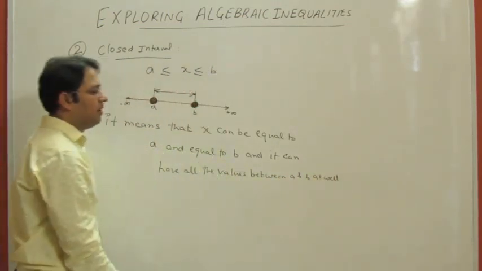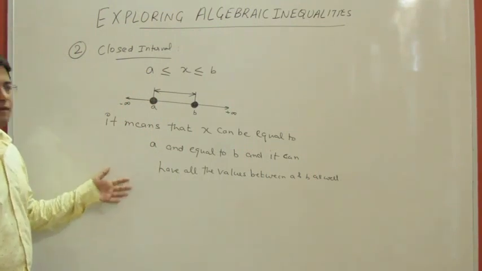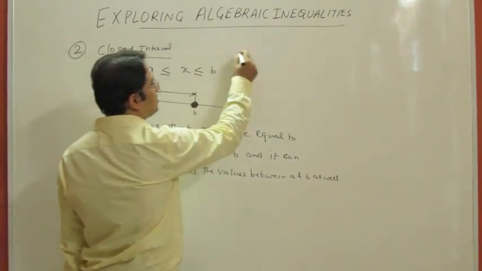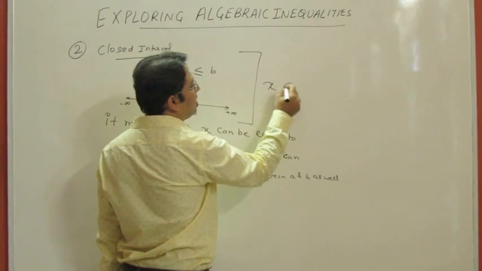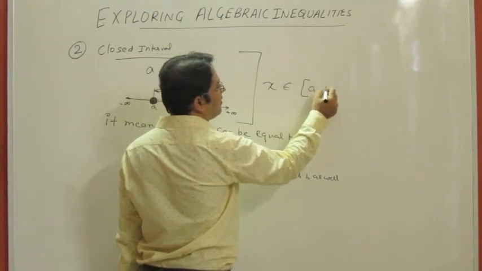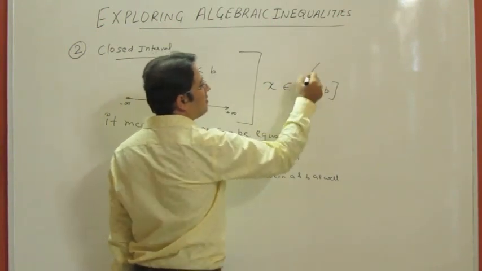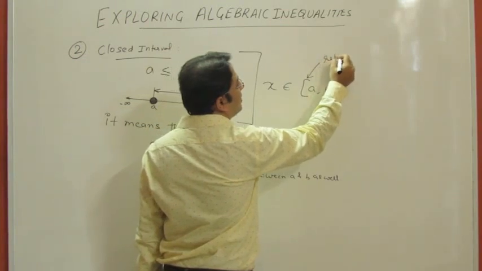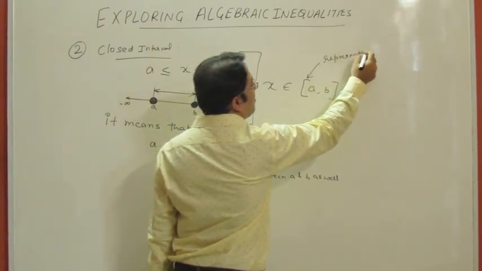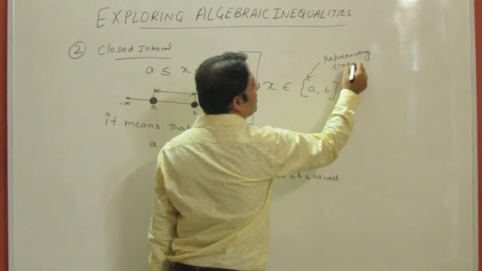So that is the true meaning of a closed interval, and we can represent a closed interval by using a different set of brackets, square brackets. Okay, so this is for representing closed interval.